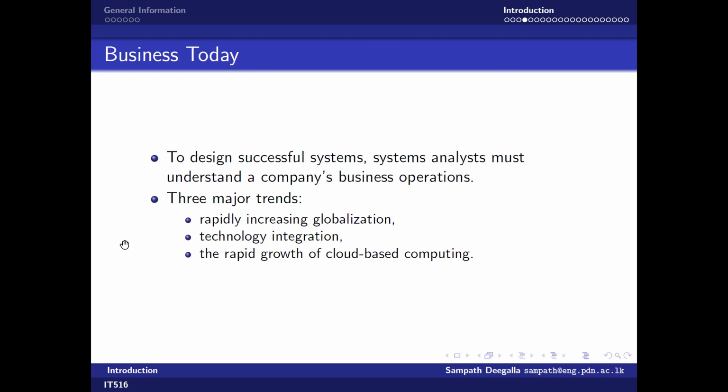Right. Now, before we talk about the businesses, all these organizations, it could be a school, it could be a university, it could be a software company, right? We need to understand what the companies' business operations are, because without that understanding, we cannot come up with a good information system.